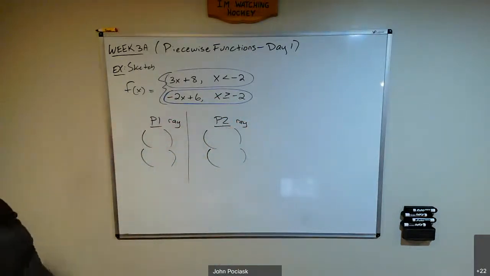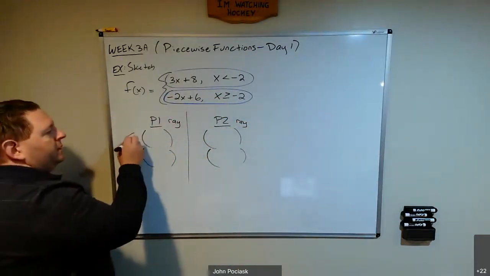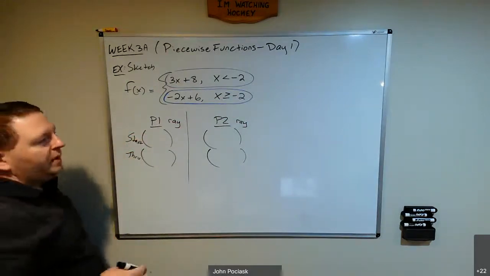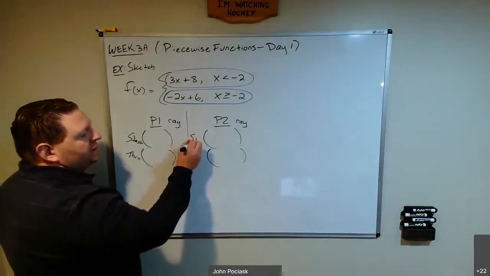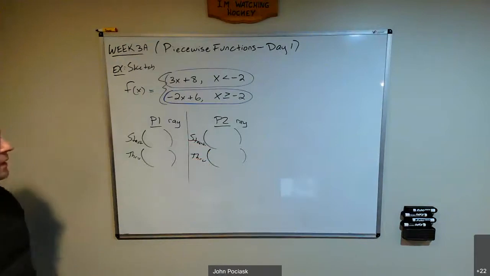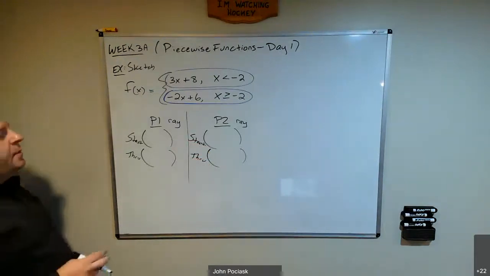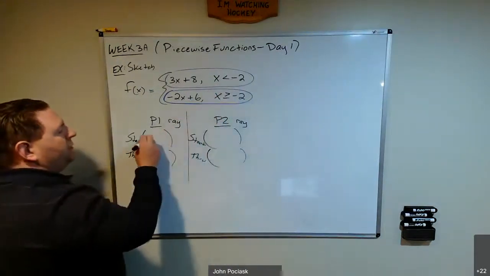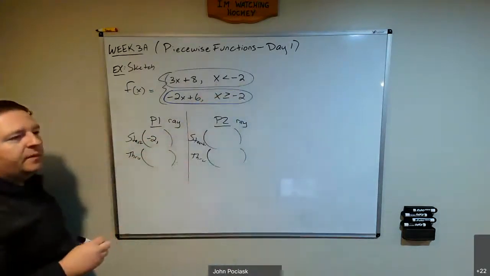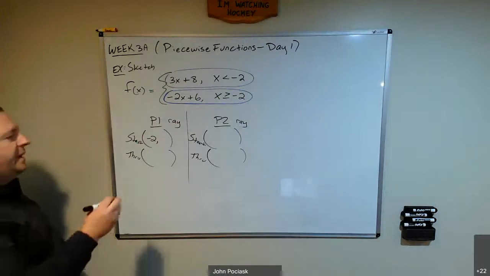So piece one is a ray, a start point and a through point. This one does as well, so I'll just write that down. Both rays. So the start number they gave me for piece one is -2. I need to pick a number that's less than -2 as my through point, so I'll pick -3.